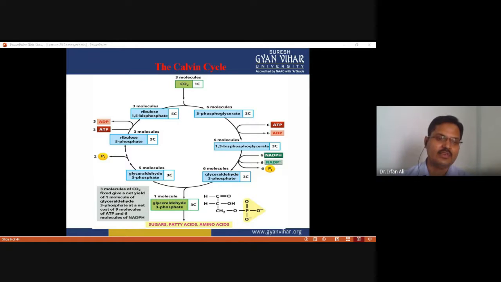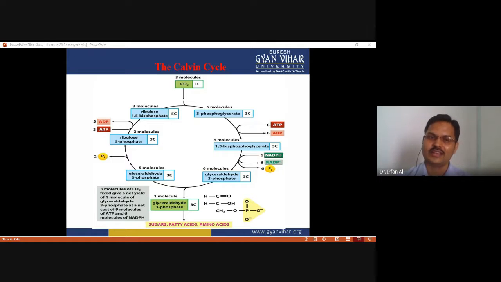At this step, this glyceraldehyde 3-phosphate converts into ribulose 5-phosphate, which is a five carbon molecule. So how many molecules of ribulose 5-phosphate are produced? 3 molecules.